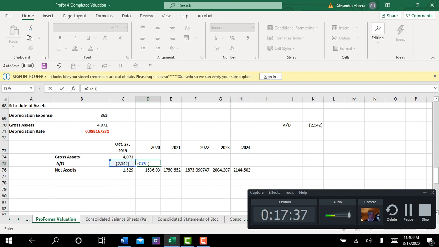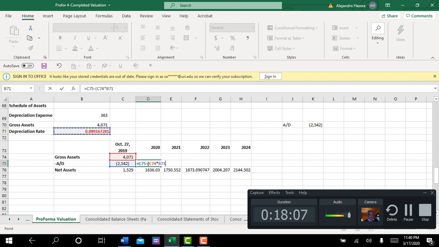So we're adding really because that 2542 is a negative. So we're going to start with 2542 and subtract from that, but we're really adding it because there's two negative numbers there. The product of this year's beginning gross assets times the depreciation rate for the company.